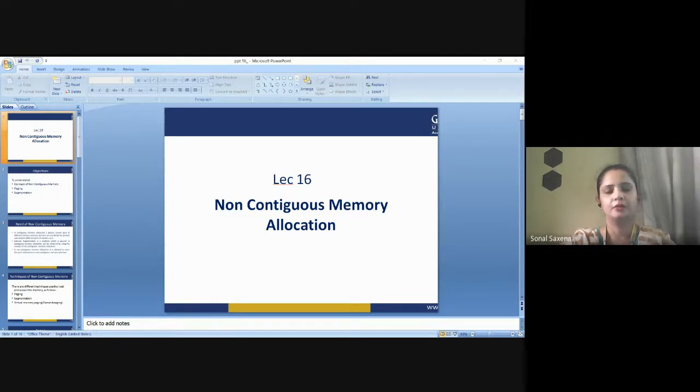We also saw two major issues that exist in contiguous memory allocation: internal fragmentation and external fragmentation.